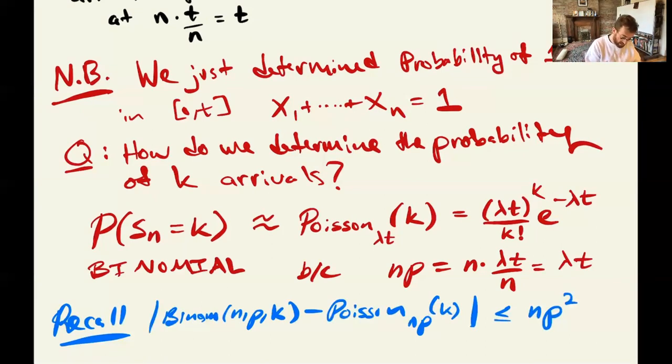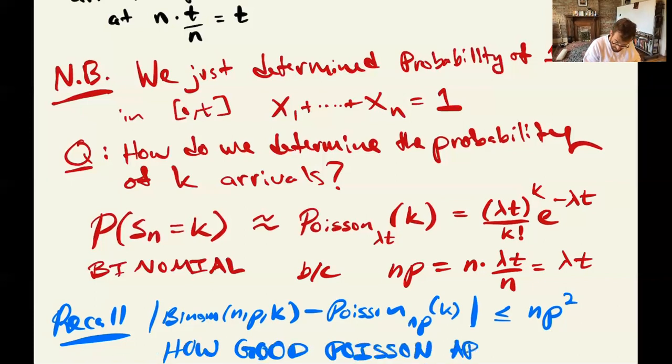This essentially tells you how good the Poisson approximation is. Now, one of the reasons I bring this up is because if p is equal to lambda t over n, then we end up getting n times lambda t over n squared, which tells us that we have lambda squared t squared over n. So in particular, we can make this approximation arbitrarily good by just subdividing further and further.